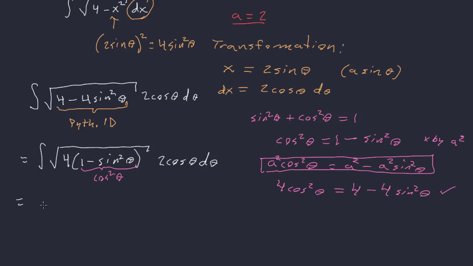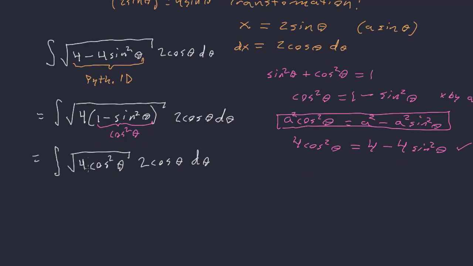So now applying this, we'll get the square root of 4 cosine squared theta times 2 cosine theta d theta. And as promised, now the square root of 4 is 2, the square root of cosine squared is cosine.